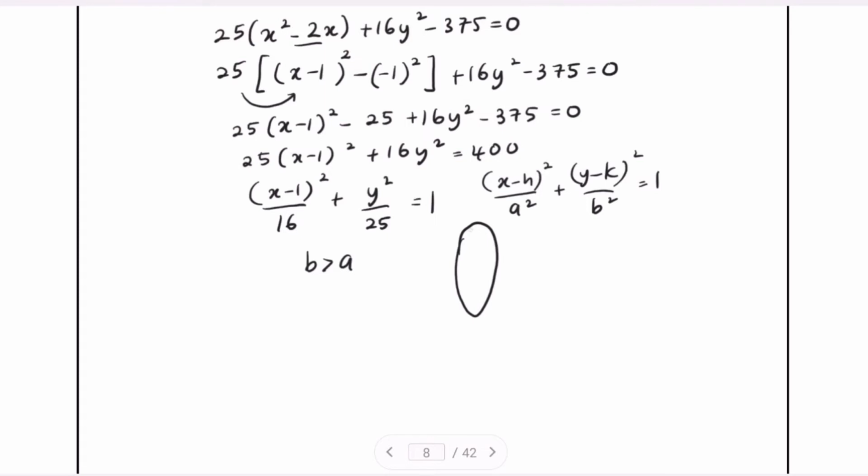And you also know that your H will remain the same. Let's take a look at the center first. Our center is (1, 0). So for the foci, 1 will remain the same.